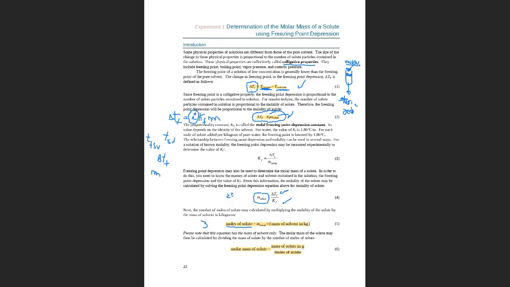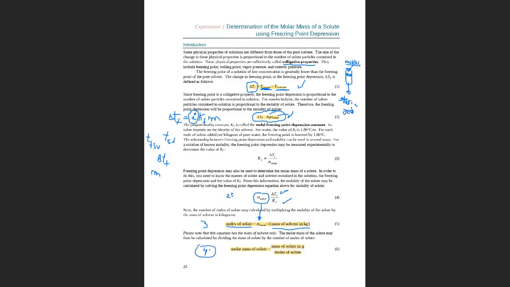So if you multiply the molality that you calculated before by the mass of solvent in kilograms that is given, you calculate the number of moles. And the last part: what is molar mass?